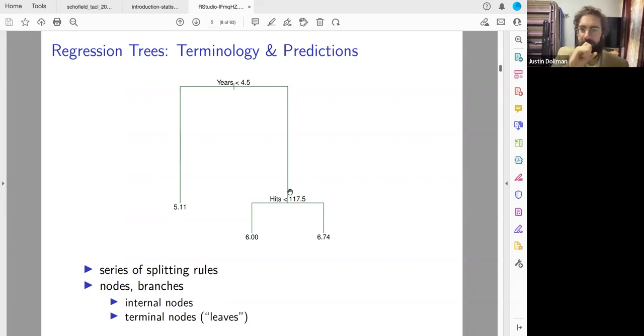Another thing to notice is that whereas in a linear regression, you would have an infinite number of possible y-hats, actually, perhaps that's not true, because years and hits are both discrete variables, but you have a lot of y-hats. Here you have 3. There are exactly 3 predictions that this model can make.